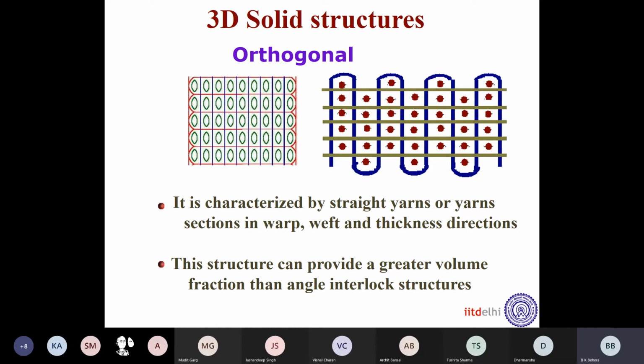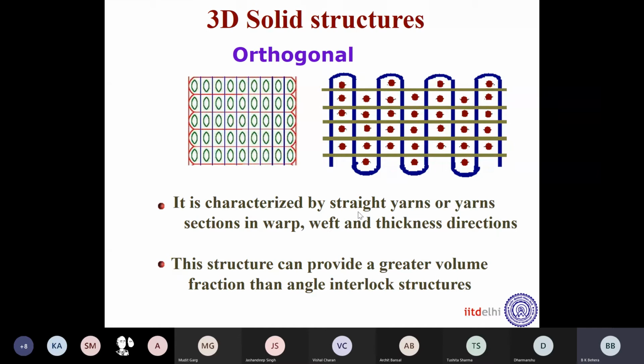When I'm saying strength, it's not necessarily breaking strength. Strength in the sense of bending properties, shear properties, compression properties, all the mechanical behavior of a fabric comes because of the fiber volume fraction.